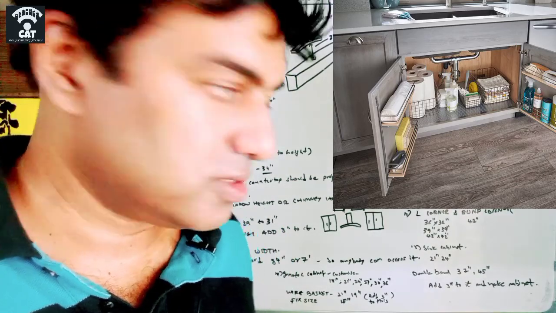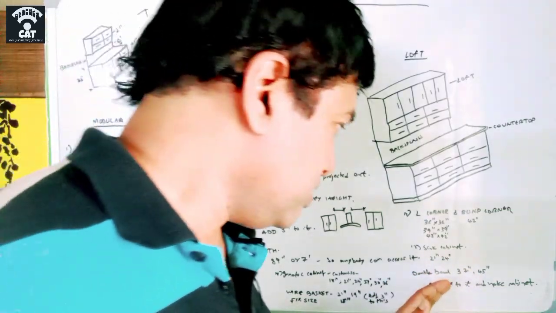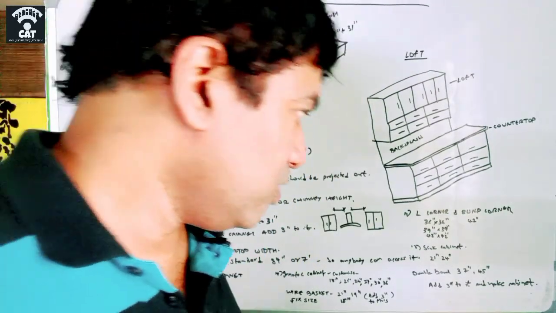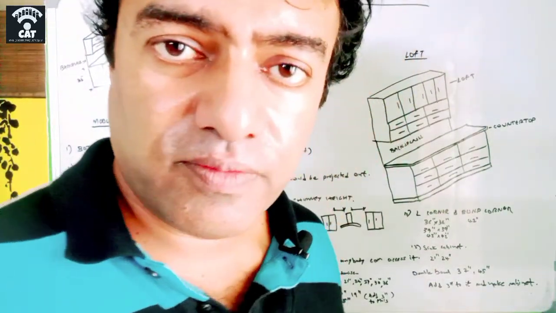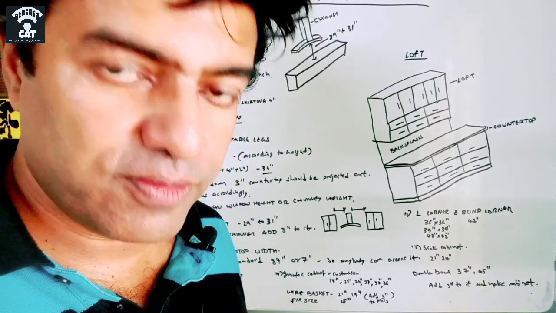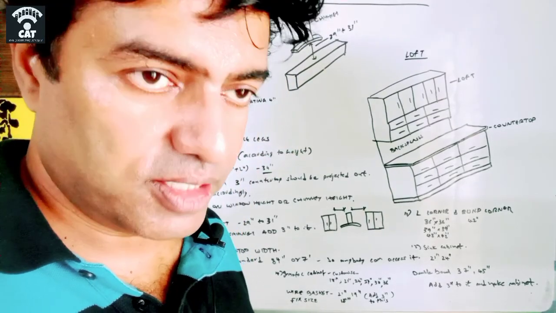It is not customized. The measurements in which the sink cabinets come are 21 inch and 24 inch for a single sink. Whatever it is, we need to add 3 inch to this 21 inch so that we can give space for the sink cabinet to accommodate.